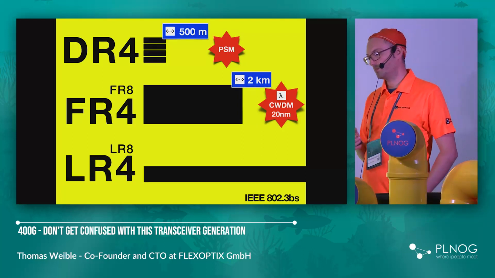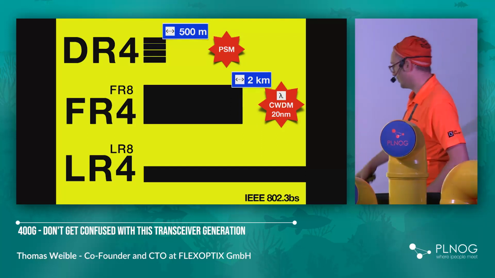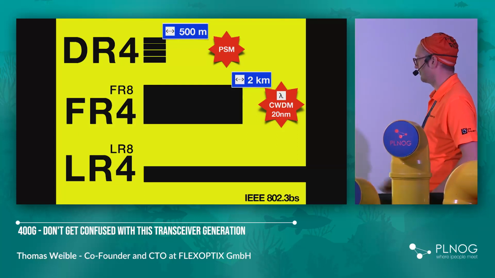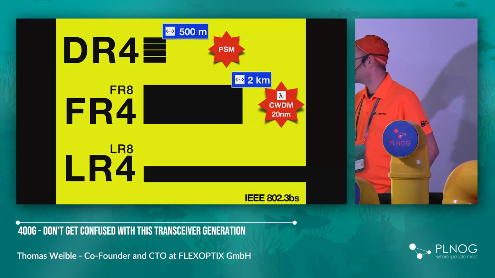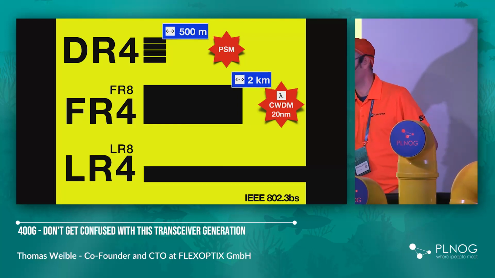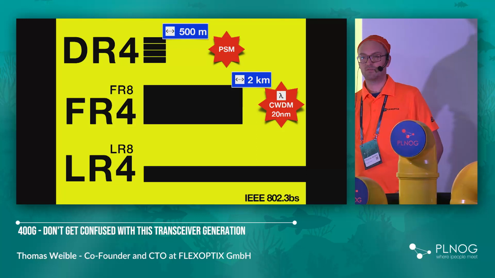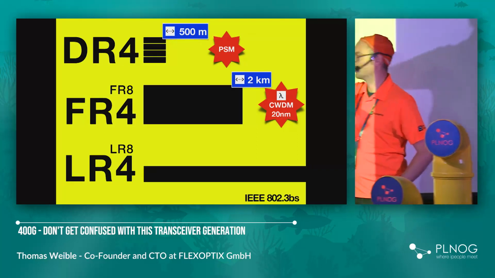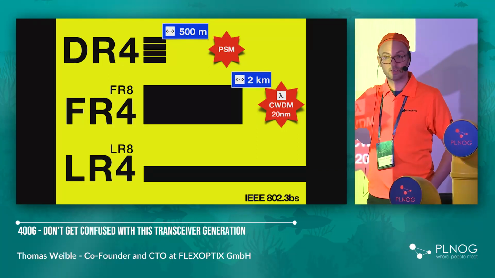And why do I mention that? Because when you look down on the bottom, we got LR4 there. The LR4 is quite long. You will see it on the next slide where the specs are. But the majority of you might be familiar with LR4 at 100 gigabit, which was defined with a LAN WDM up to 10 kilometers. And these ones were not introduced yet so far for 100 gigabit.